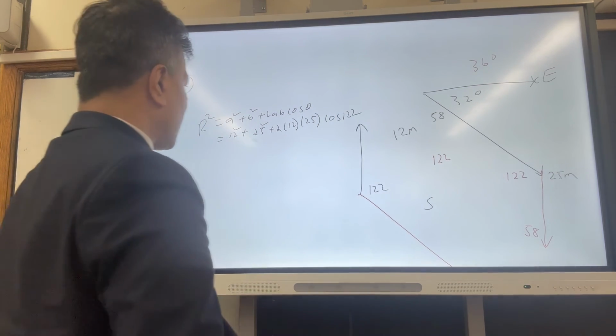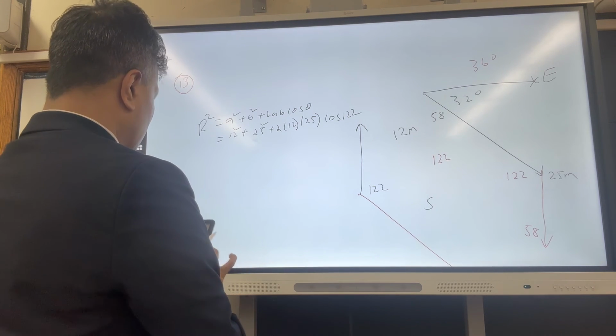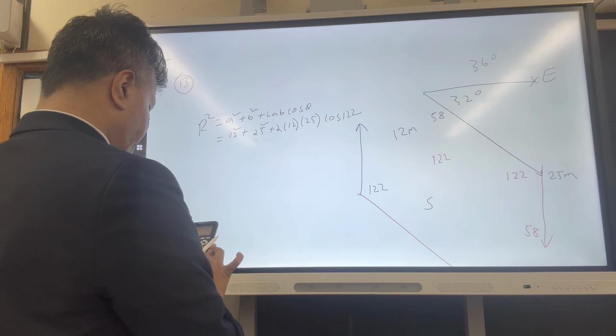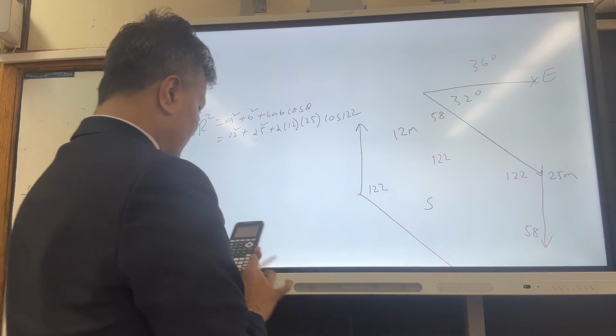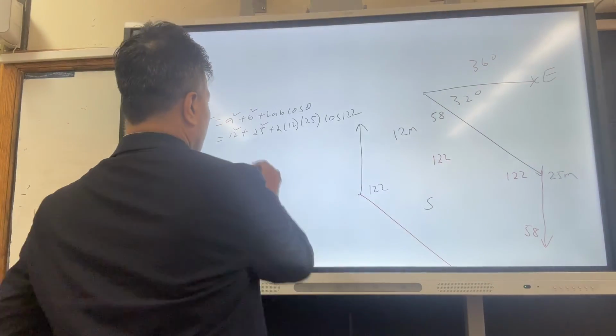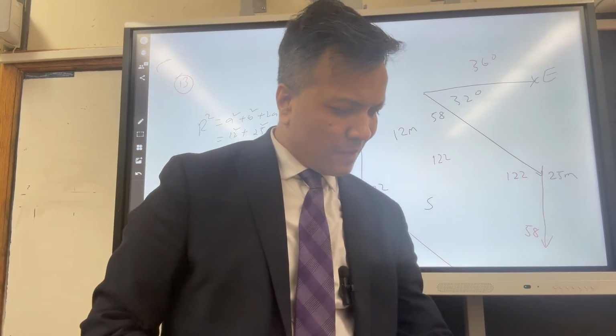You can directly type it in the calculator. 12 square plus 25 square plus 2 times 12 times 25 cosine 122, and that's 21.23, and that is problem number 13.